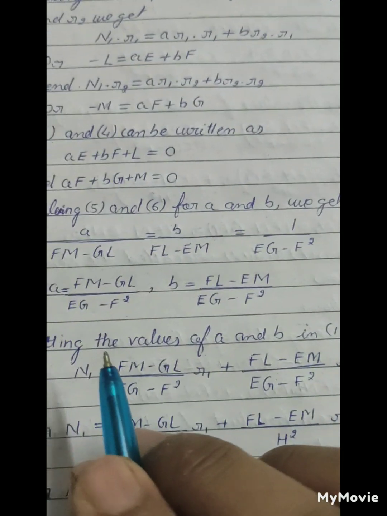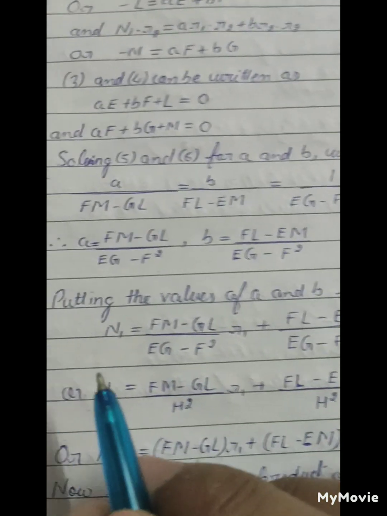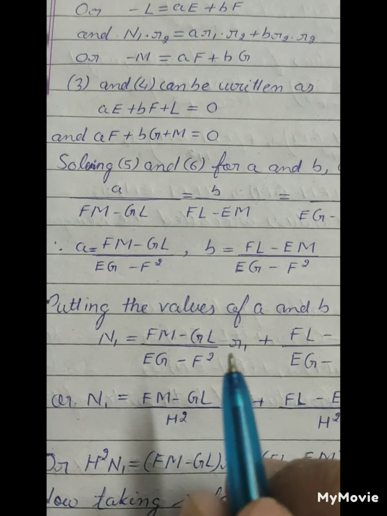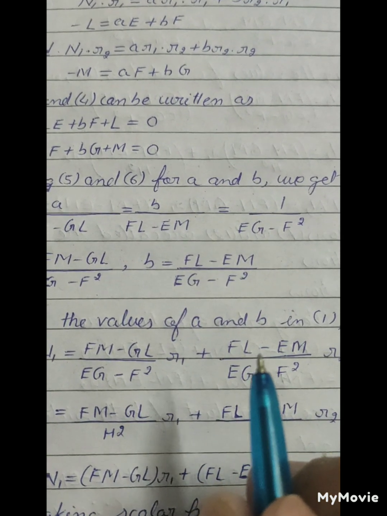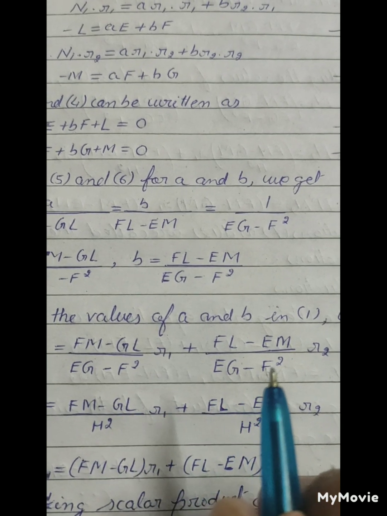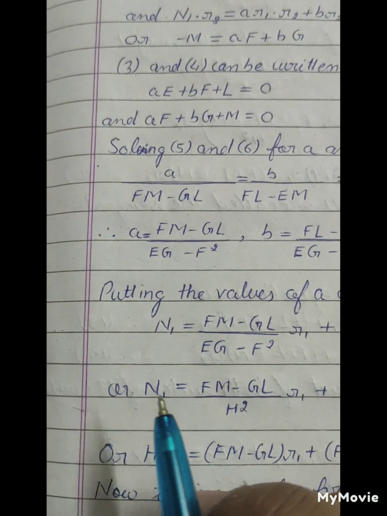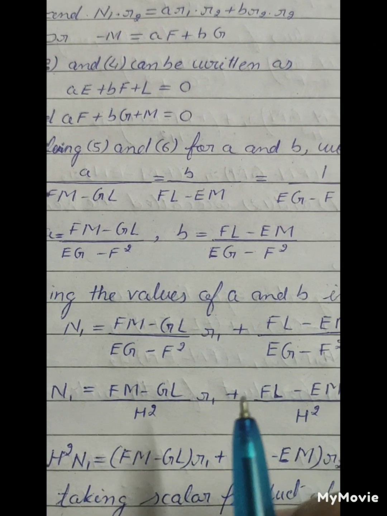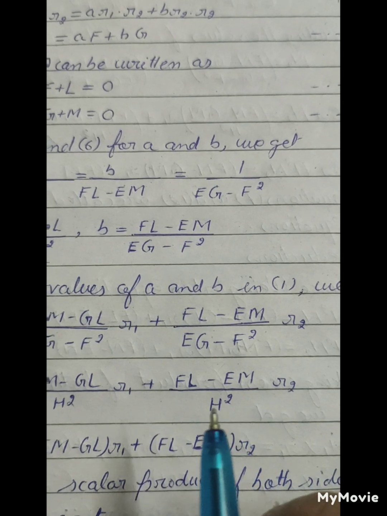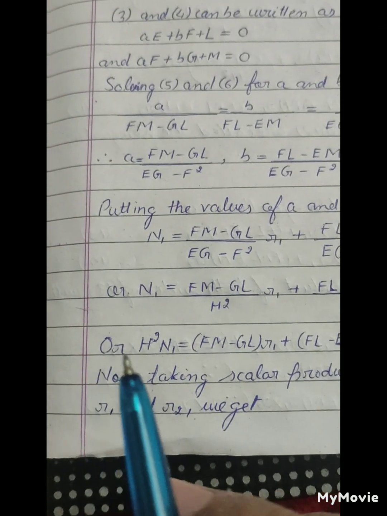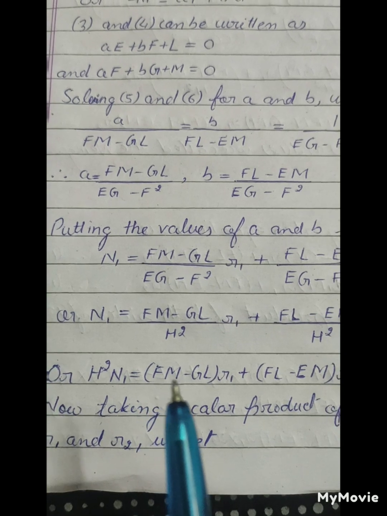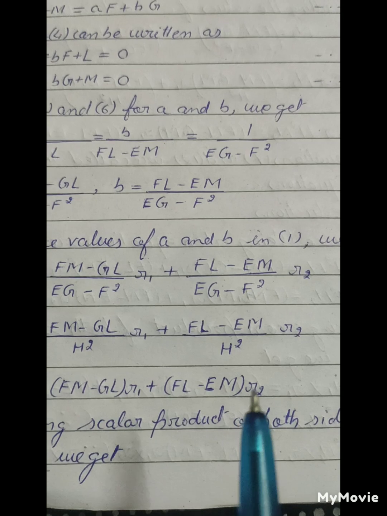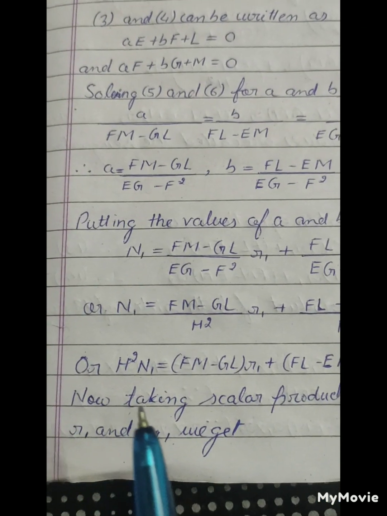Putting the values of a and b in equation 1, we get n1 equals to fm minus gl upon eg minus f square into r1 plus fl minus em upon eg minus f square into r2, or n1 equals to fm minus gl upon h square into r1 plus fl minus em upon h square into r2, or h square n1 equals to fm minus gl into r1 plus fl minus em into r2, equation 7.